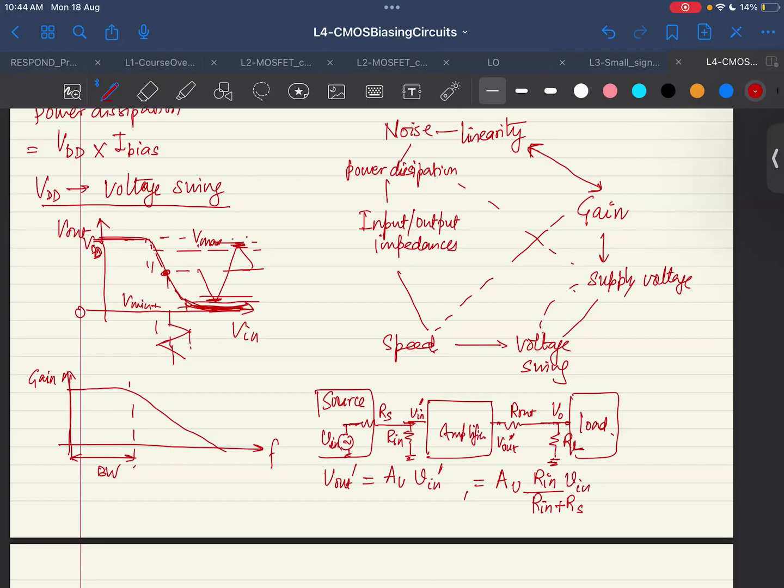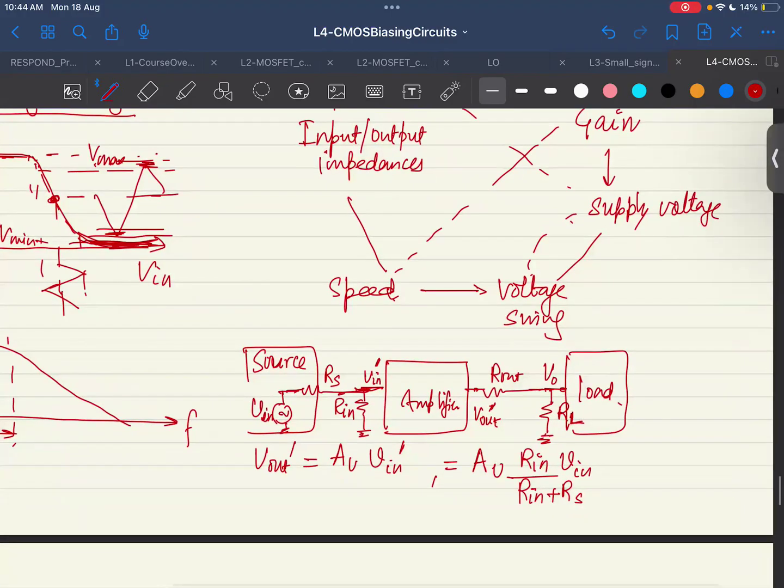You understand, right? So this Vin is the actual source, but it is passed to the amplifier because there is a source resistance which is coming. Let's say in a microphone, you will have a resistive source, and then you're passing it to the amplifier, right? So that means you see that there is a certain voltage drop which could have happened because of the source resistance.